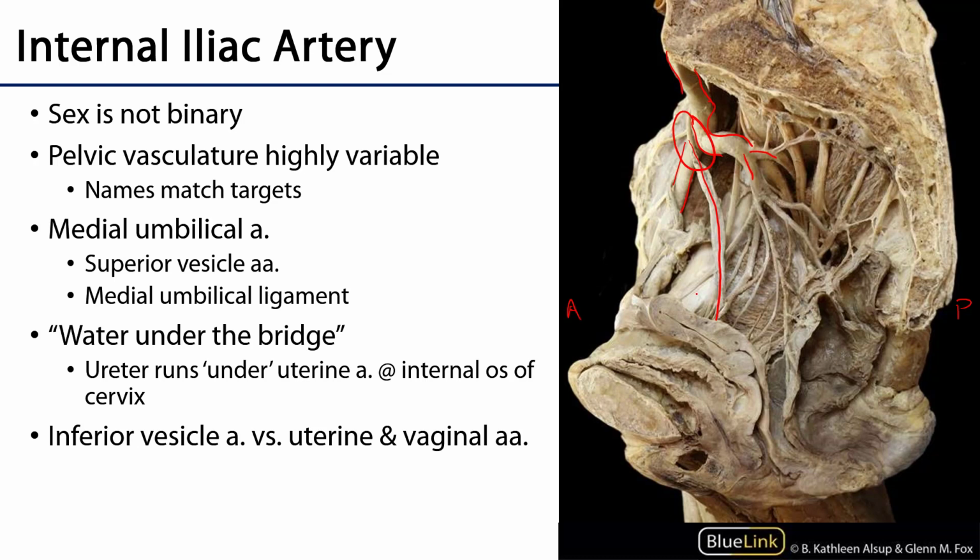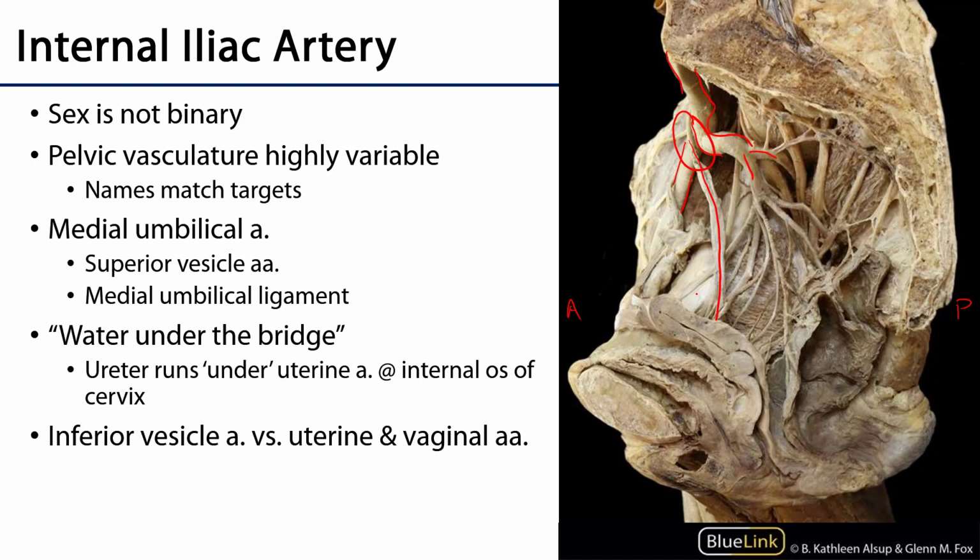Now, that being said, with respect to the internal iliac artery, we've seen before how variable vasculature can be, and the pelvic vasculature is no exception. It's rather confusing, but it's important to know that vessels are all named for their targets.